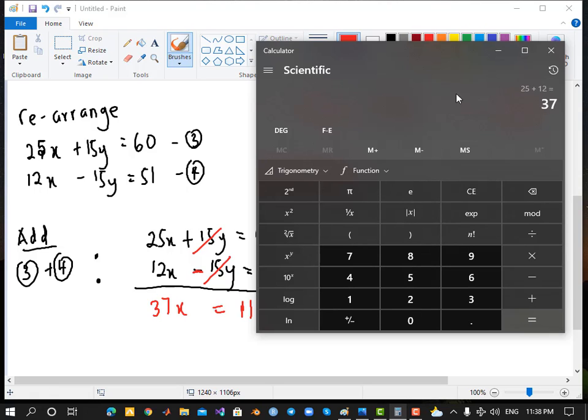We are sure of that. Then 60 plus 51 gives 111. We are sure of that one too. We are going to divide that by 37. And this is what we are getting: 3.